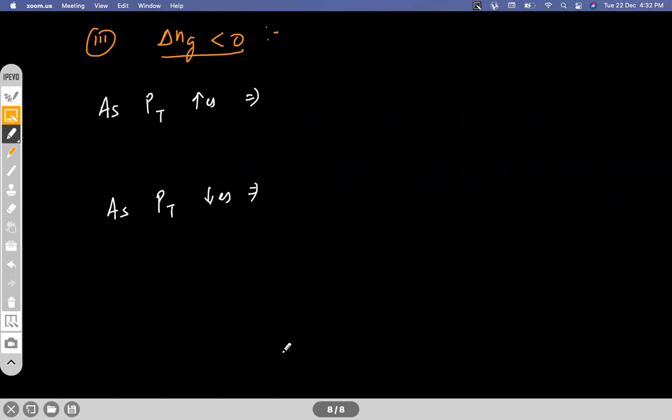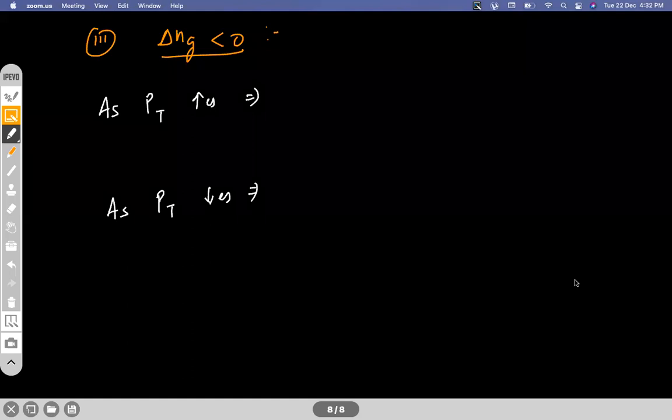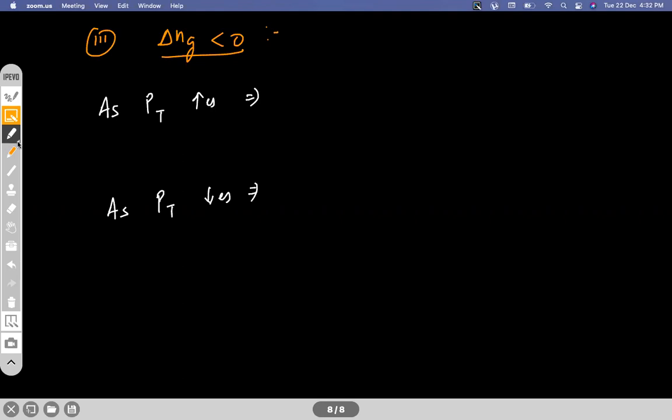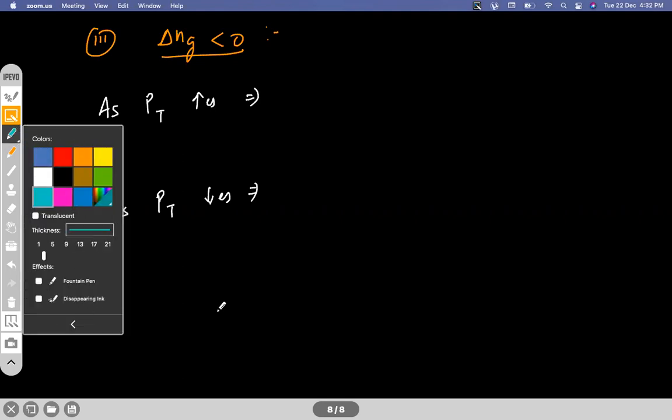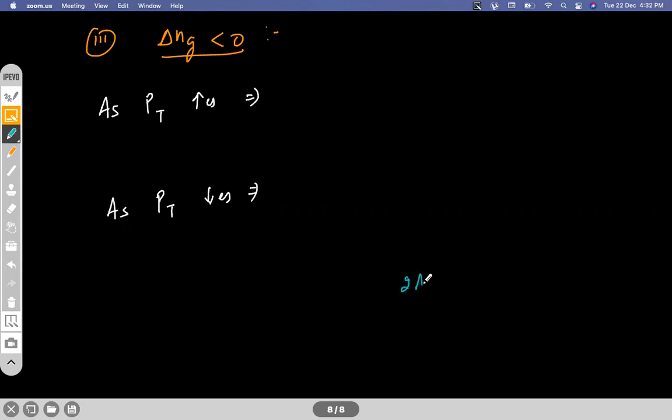Yeah, tell me what happened. As pressure increases, forward or backward? Forward and then backward. Okay. How do we do it? Assume a reaction like we did in the previous one. Suppose 2A gives B, anyone you can assume. Its Kp would be, in short, XB by XA squared into 1 by PT.